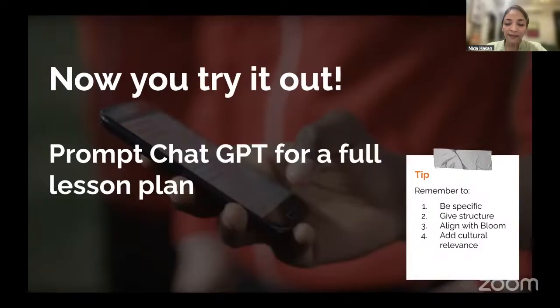Then give me feedback on whether it looks like a lesson plan that you could work with. A thumbs up would be great.